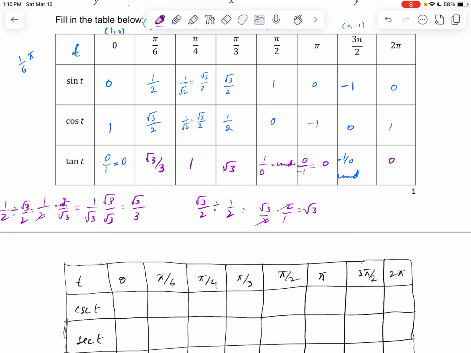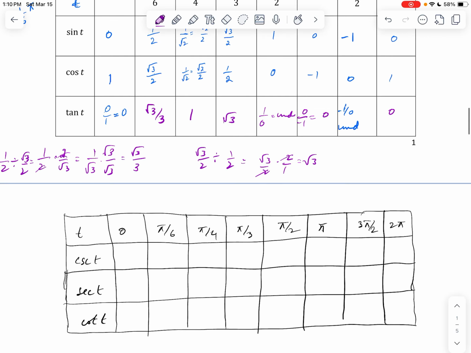What about the other trig functions? What about the cosecant of t? Cosecant of t is 1 over y. So at 0, the y coordinate is 0. So we have 1 over 0, which means it's undefined.